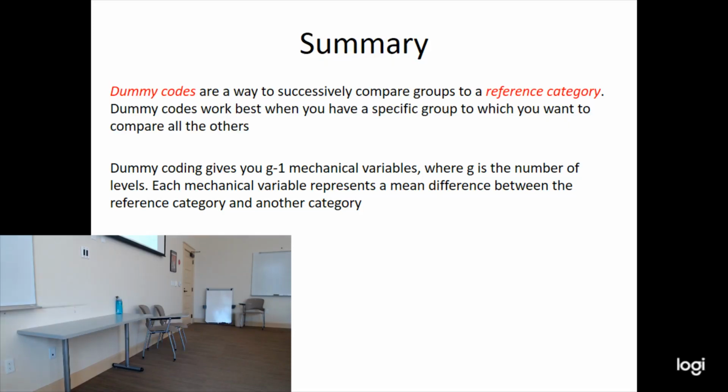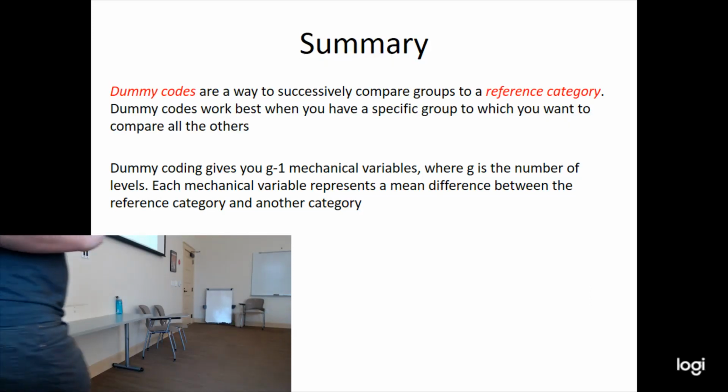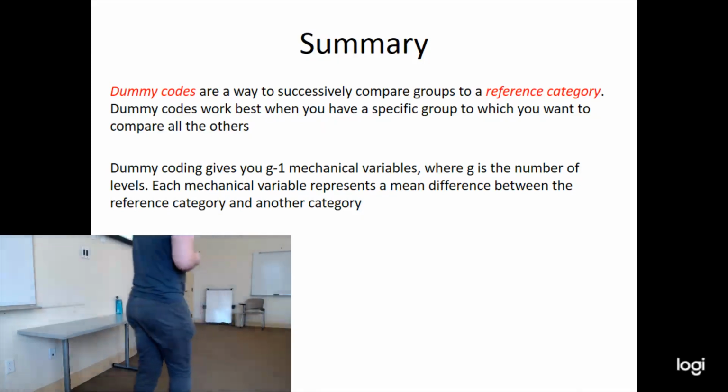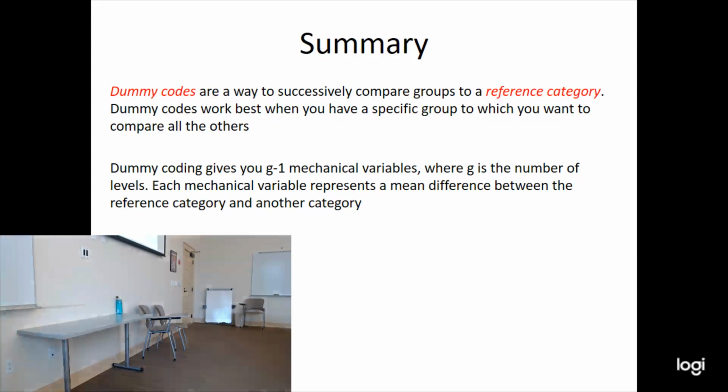If you are in a position where you're using dummy codes, generally you make G-1 mechanical variables, just like you did with planned orthogonal contrasts. Each one of those mechanical variables represents a specific comparison between the reference group and one of the other groups.